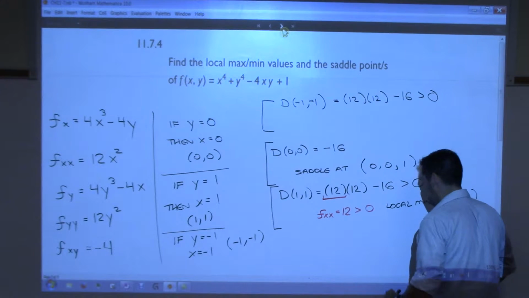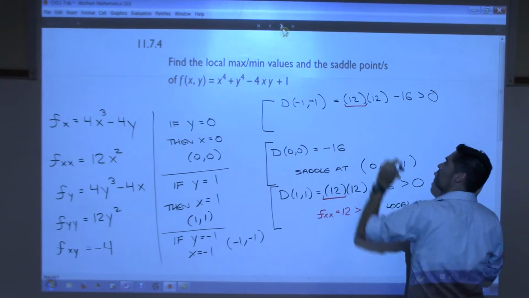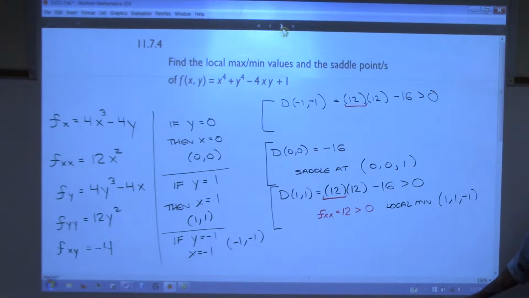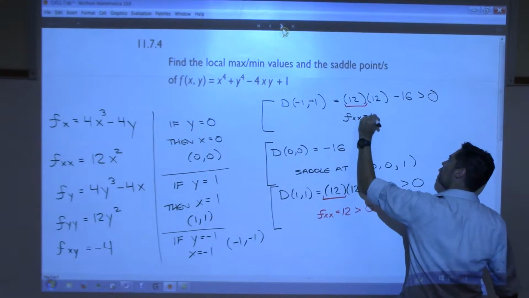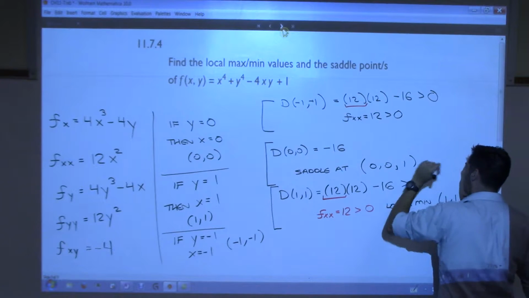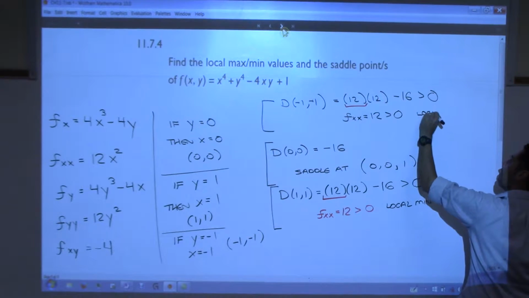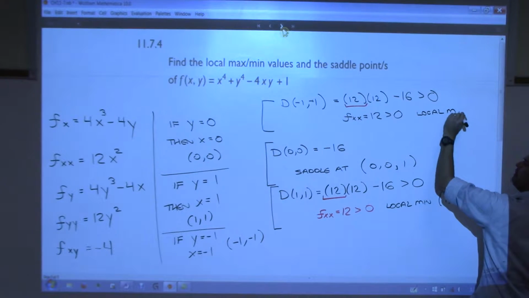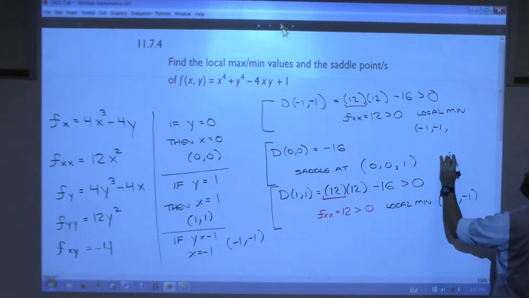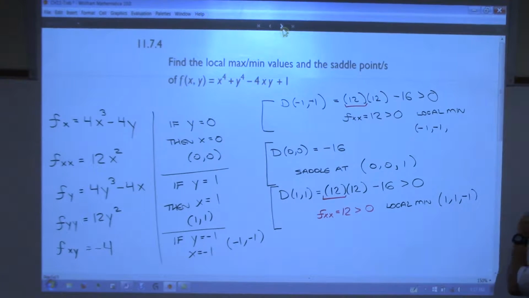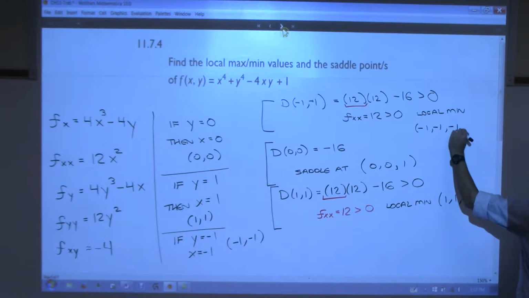And then that piece that we're supposed to inspect now is still positive, right? So another local minimum. Local min at the point negative 1, negative 1. Is it still 1? Yeah, turns out negative 1 still turns out to be the same, I believe.